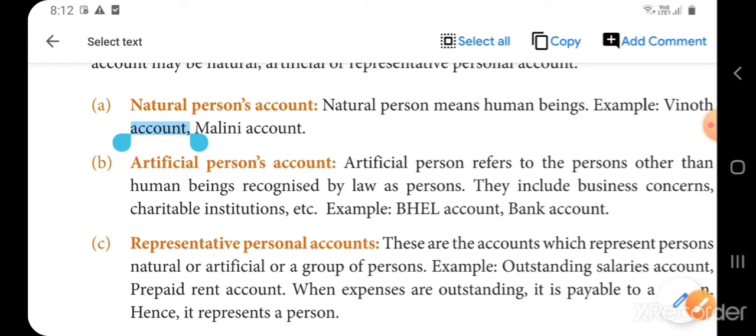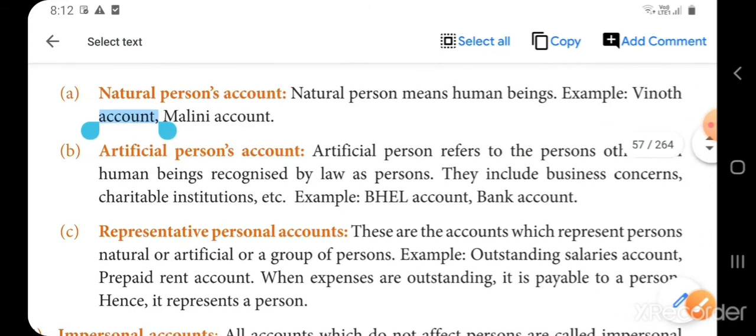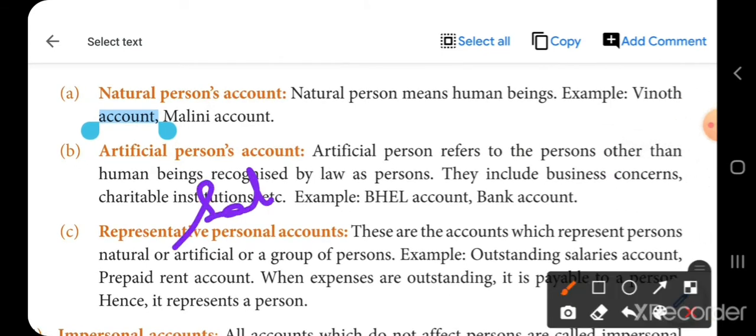Representative person. Say for example, the company is supposed to pay salary to the employees, but it has not yet paid the salary. That means the salary is still outstanding. Though it is not paid, it has to be paid to an individual.